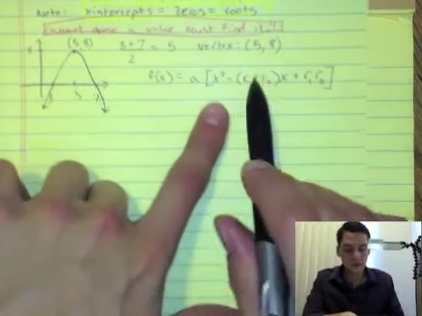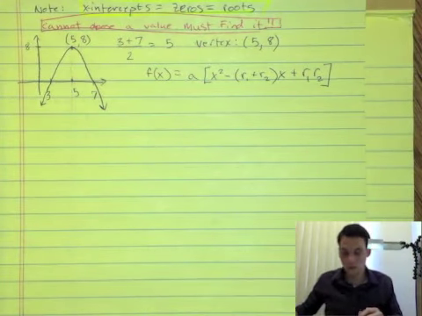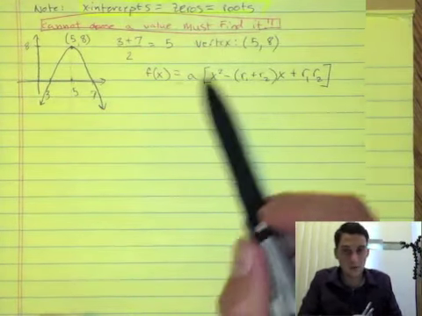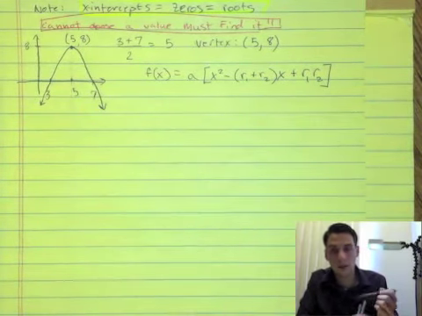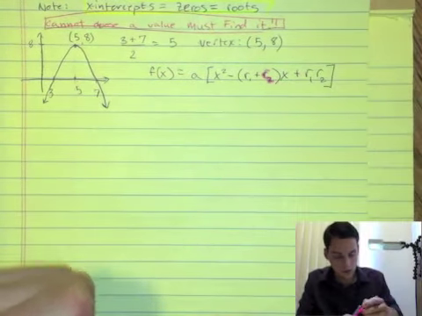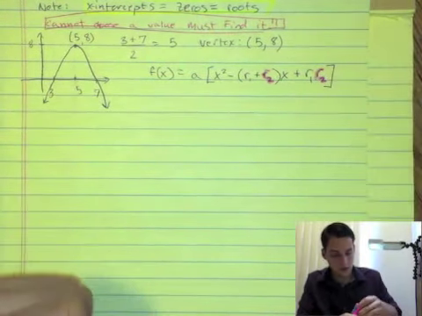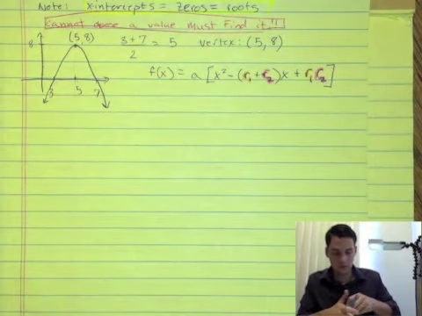So all we have to do right now is plug in our roots and also use our vertex to find a. Once we've found a, we'll plug it back in and we'll have a function. So there's r2 and r1.